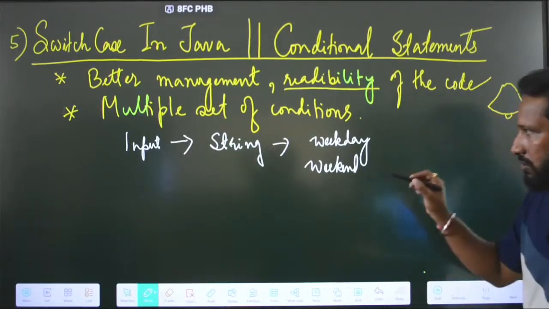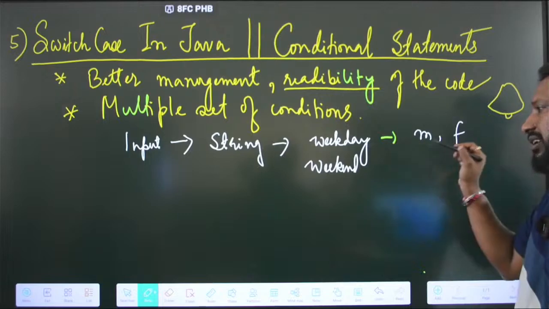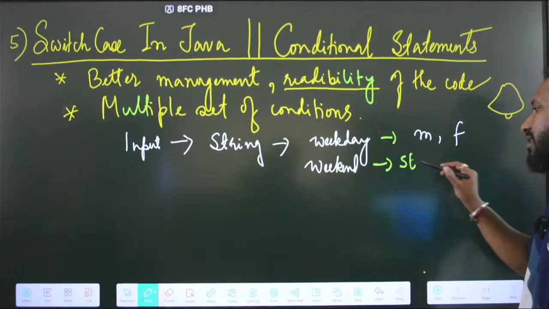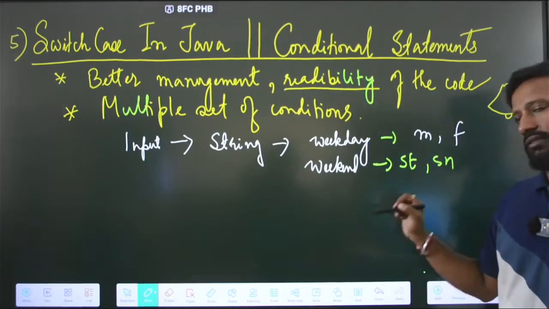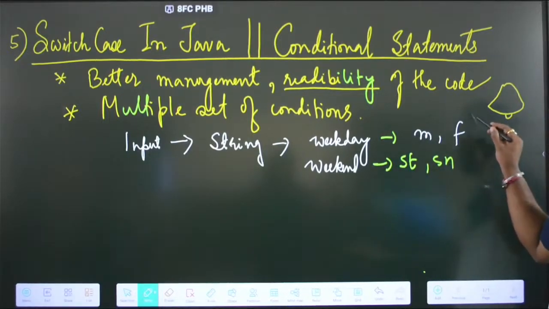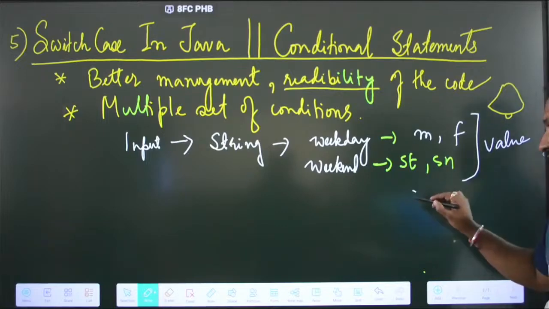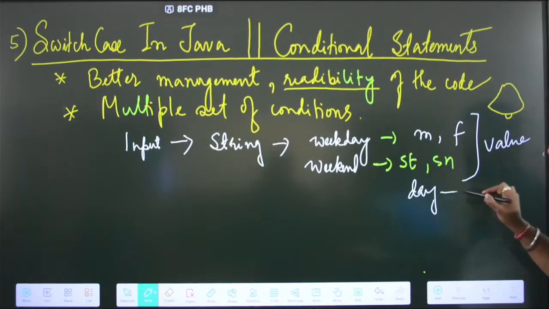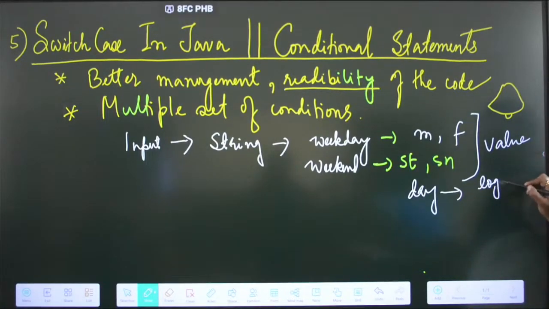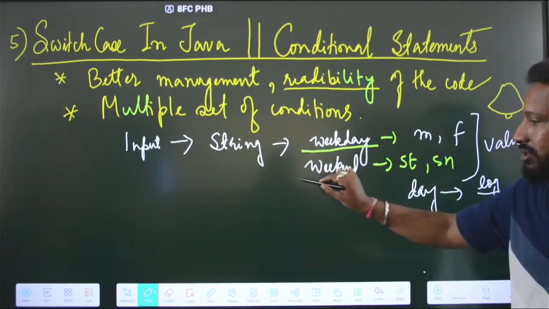What I mean is, you know that Monday to Friday is your weekday and Saturday and Sunday are the weekends. So I want to take an input from the user of this particular value, the day, and based on that, I want to print what it is. Is it a weekday or is it a weekend?